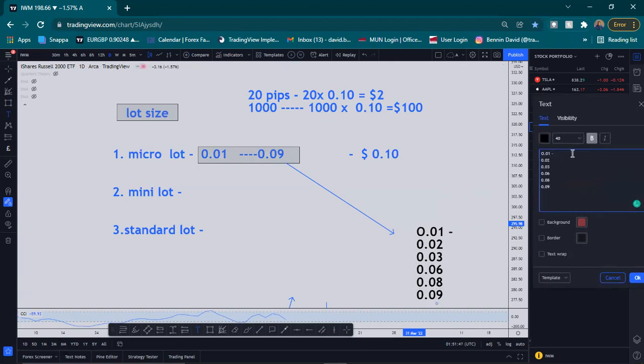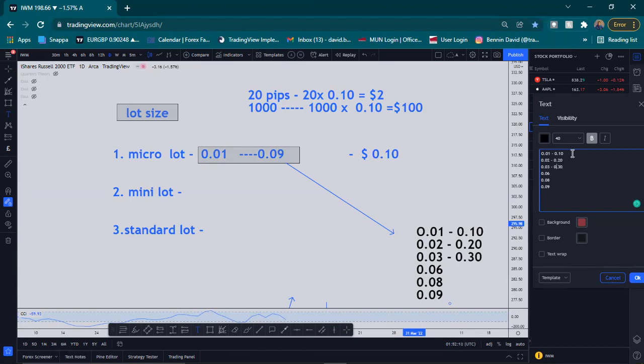So if you are using 0.01, we already know that 0.01 will give us $0.10. So if you are using 0.02, $0.20. 0.03 will give us $0.30.